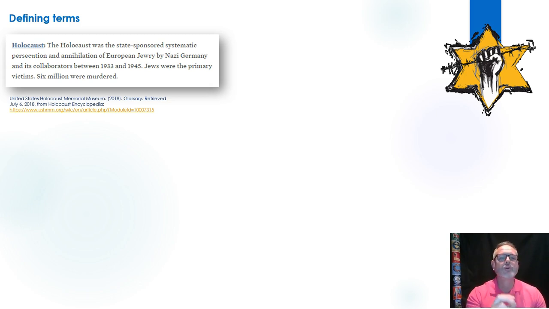It defines the Holocaust as the state-sponsored, systematic persecution and annihilation of European Jewry by Nazi Germany and its helpers, its collaborators, between 1933 and 1945. Now that date will vary with some sources, so it's worth noting it down, 33 and 45. The Jews were the primary victims of the Holocaust. 6 million were murdered.